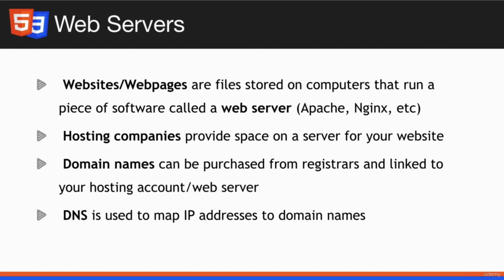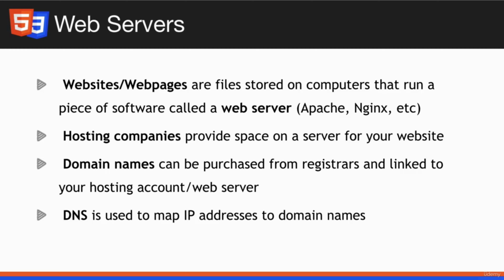Now, remember, all computers, including web servers, have an IP address, but it would really suck if you wanted to go to Facebook or Google and you had to remember something like that string of numbers. So what happens is when you type in, for instance, http://www.facebook.com, there's something called a DNS, or domain name service, that actually maps that domain to the correct IP address of facebook.com or whatever website you're visiting.